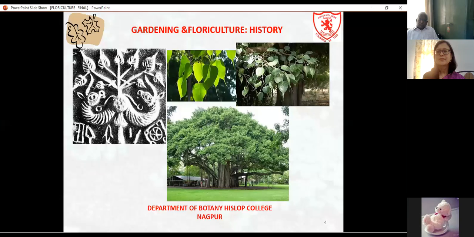So when I say floriculture was traditionally there, it is as old as our civilization, you will know how. The first recorded history of ornamental plants in India dates back to around the 3rd millennium BC.